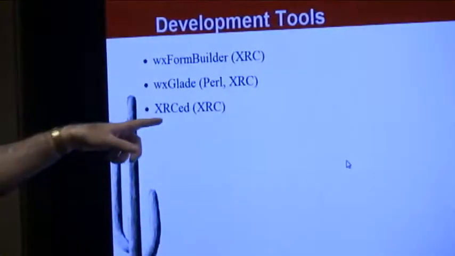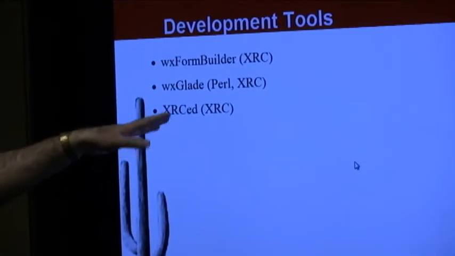And XRCed, this one is a little more primitive. It's funny, this is in reverse order of the ones that I used. Basically, I used this one several years ago, then this one, and then this one. This is the first time I've used wxFormBuilder, for this project, but I liked it a lot.